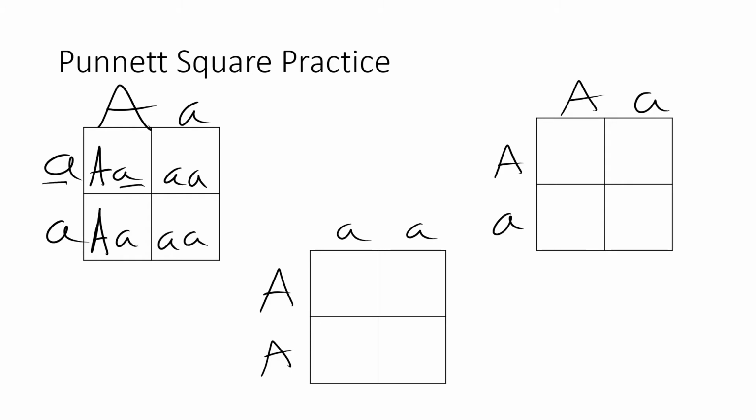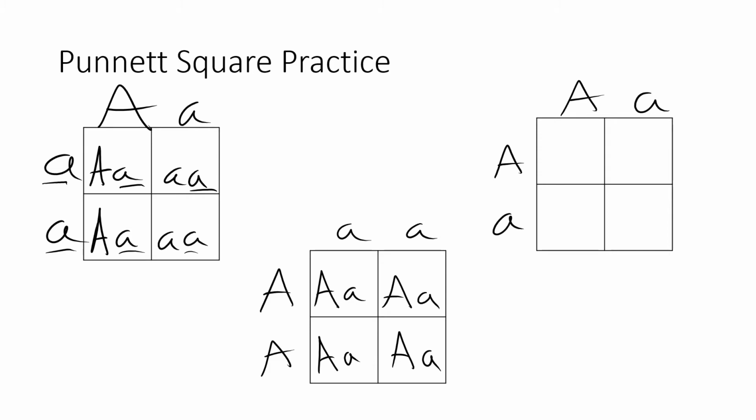So this letter is coming here and here. This letter is coming here and here. And so this becomes a very simple process. And then after that, it's just kind of doing math, and it's saying, okay, how many of these are homozygous dominant? How many of them are homozygous recessive? How many are heterozygous? And then you want to look at phenotypes.